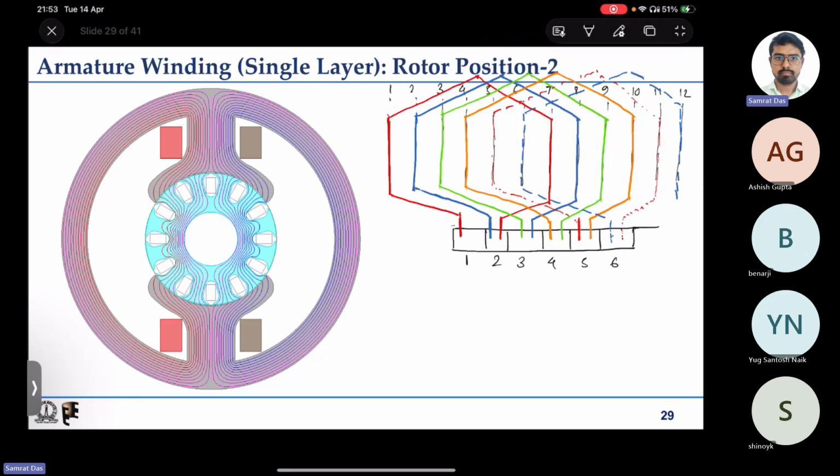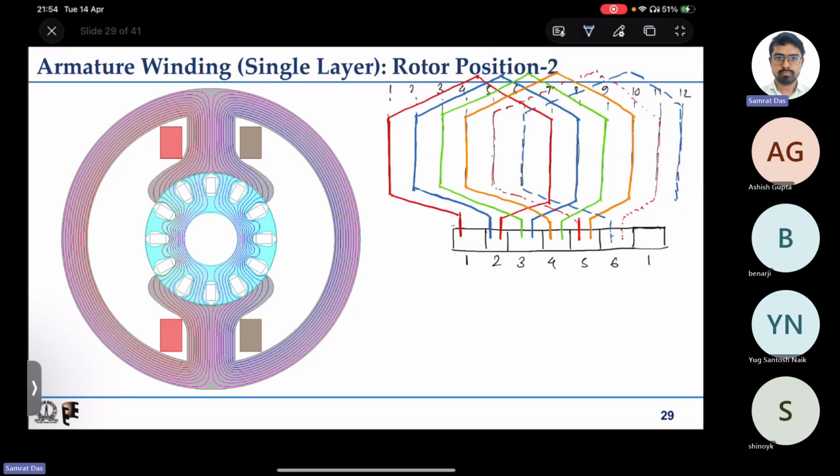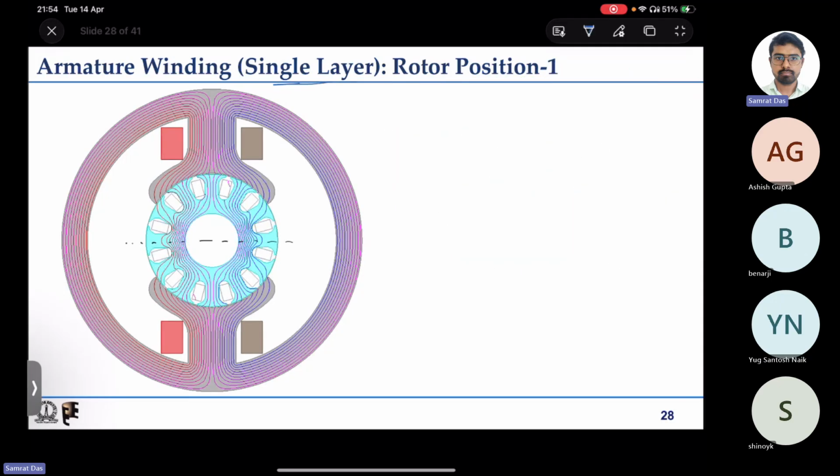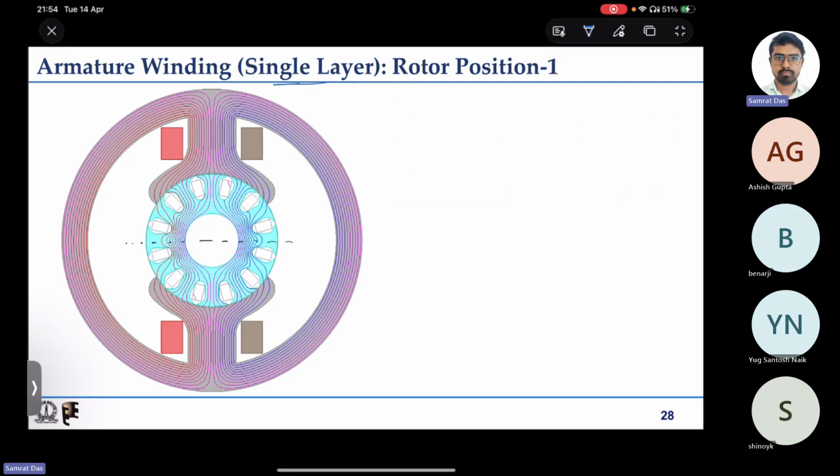So after 6 will come segment number 1, and it will get shorted here. So this is the rectangular one. If I try to do it in the actual circular one, I have done it at rotor position 2. Anyway, it does not matter. Say this is at rotor position 1.